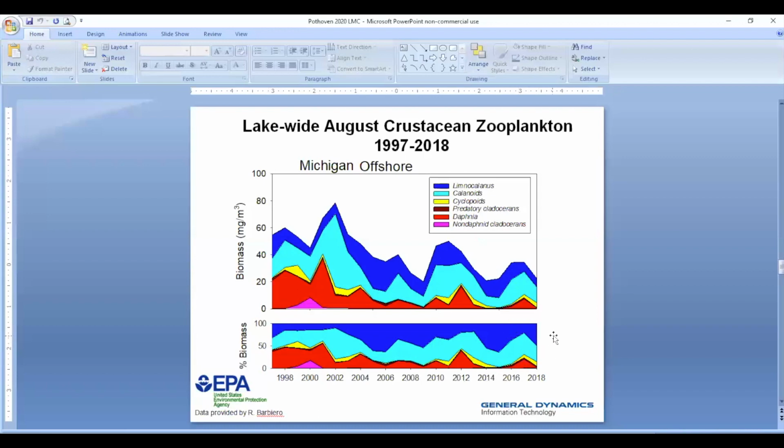Limnocalanus are just a big calanoid copepod. The calanoids reflect an oligotrophic system, which of course we have now in the offshore, and the Daphnia, and then the cyclopoids, which are never real abundant offshore, reflect a more productive system. So our zooplankton community now really reflects the oligotrophic conditions we have in the lake.